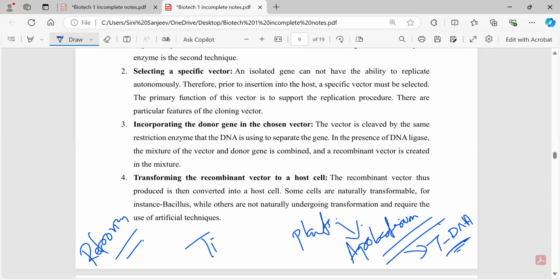Hence, if you are using retroviruses to deliver the desirable gene into an animal cell, you have to make sure the cancer-causing capacity is disarmed. If you don't lock that cancer-producing facility of the retrovirus and you use it for gene transfer into an animal cell, then obviously that animal is going to get cancer. So these are certain cloning vectors and their types.